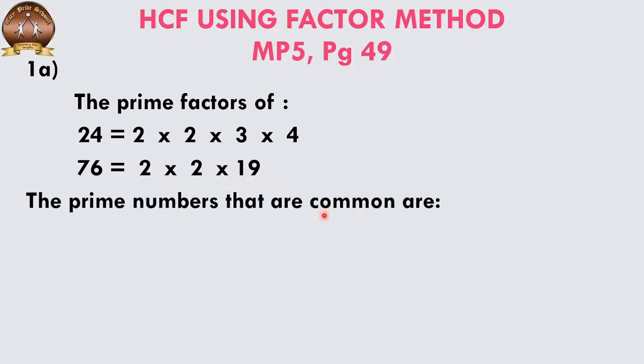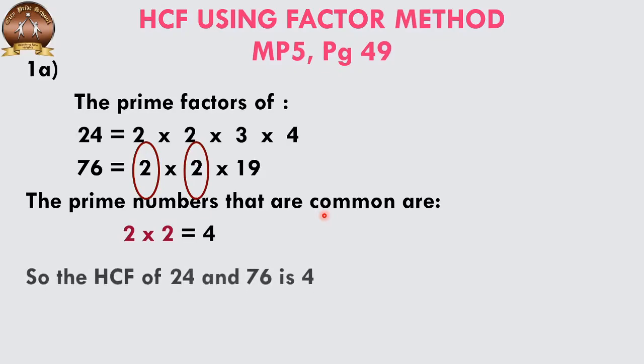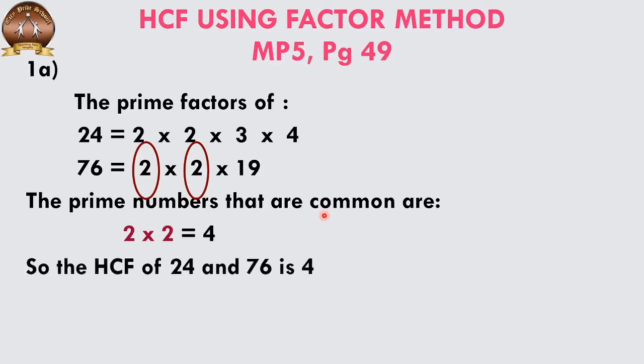So the prime numbers that are common here are 2 and then another 2. We are going to take them just once. 2 into 2 gives us 4. So when the common factors are multiplied together, we get the HCF. So the HCF of 24 and 76 is 4.